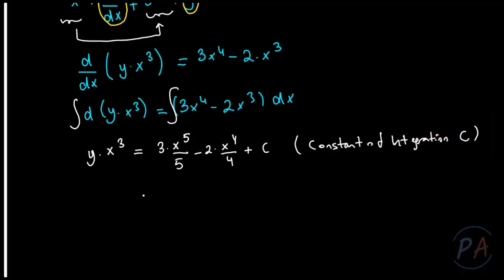So now I determine the dependent variable: y of x is equal to 1 over x cubed times 3 over 5 x to the power 5 minus 1 over 2 times x to the power 4 plus c.